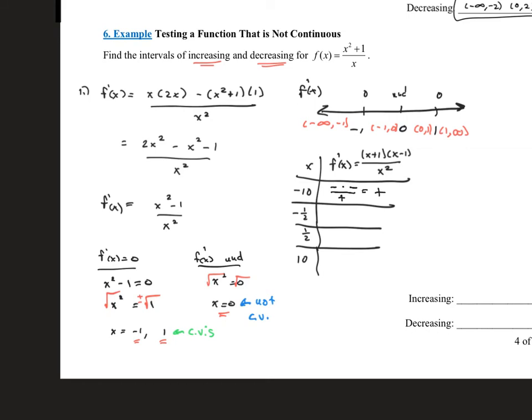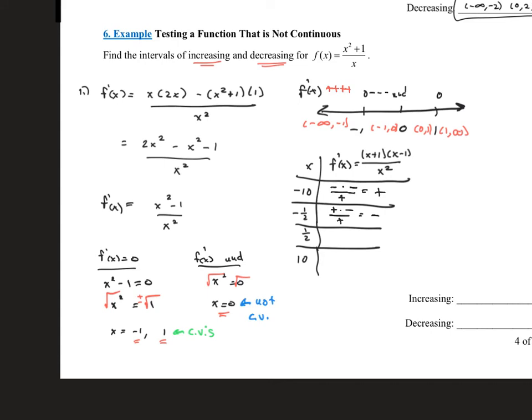Because it's positive in that interval, I know that it has to be positive in the entire interval. Go on to -1/2. Looking at my factors, -1/2 plus 1 is positive, -1/2 minus 1 is negative, -1/2 squared is positive, so this is going to be a positive times a negative over a positive, which is negative. Because it was negative at that test point, it has to be negative at every point.